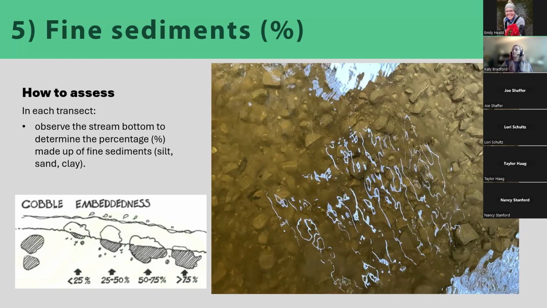Versus if the rocks are kind of half covered, that might be about 50%. And if they're almost entirely covered, which is getting to be that way in this picture, that's going to be 75% fine sediments or more. In this picture, I can't remember what we said in the moment, but I think it was somewhere around 80%-ish. And again, you're working with your partner to make that qualitative decision.